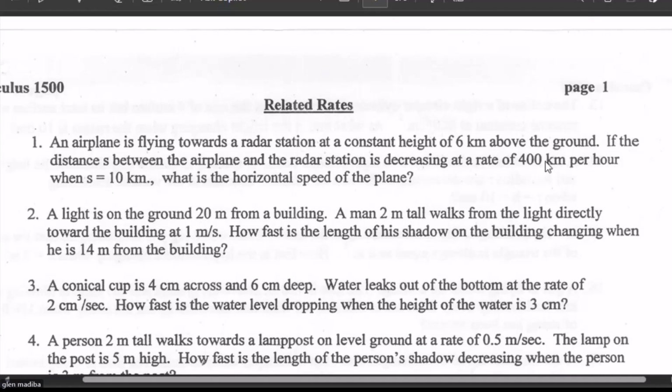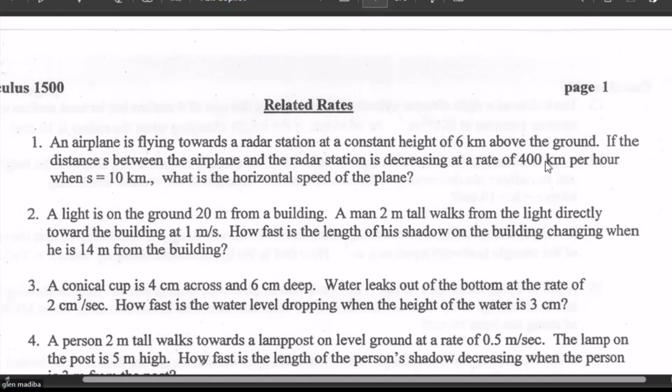So I thought the second sentence, where it says the distance S between the airplane and the radar station is decreasing, I thought that distance S was referring to... I understand when you said we're calling S the hypotenuse because it's descending, approaching the radar station diagonally.